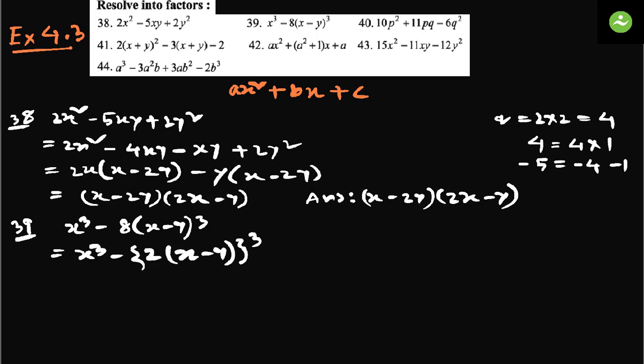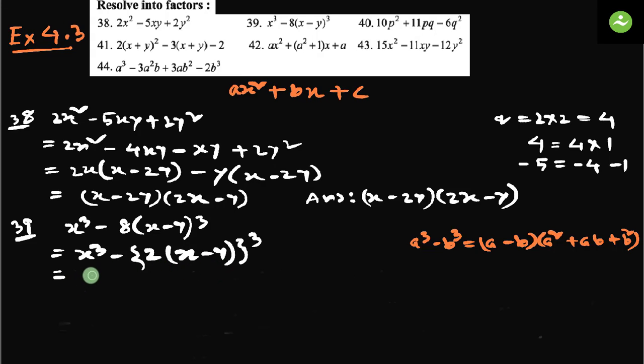And to factorize a cube minus b cube, we know the formula. a cube minus b cube equals a minus b into a square plus ab plus b square. We can apply this formula and write: x is a here and b is 2 into x minus y.